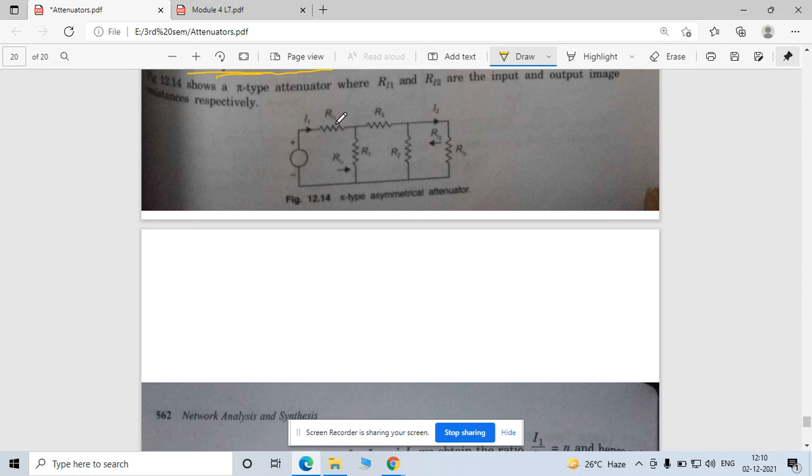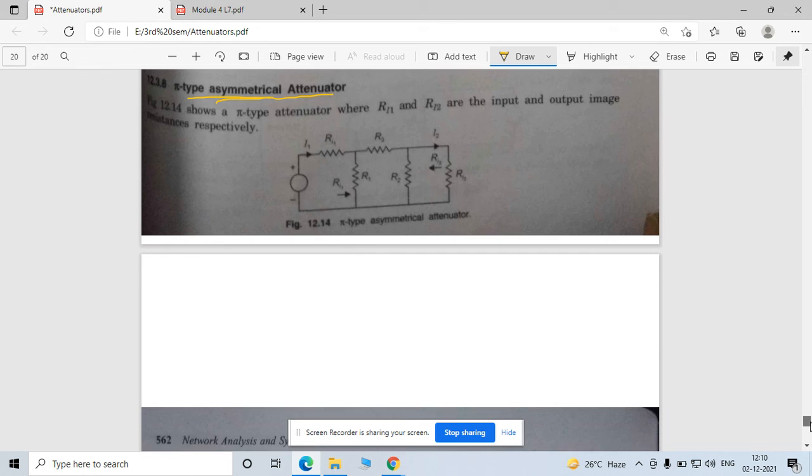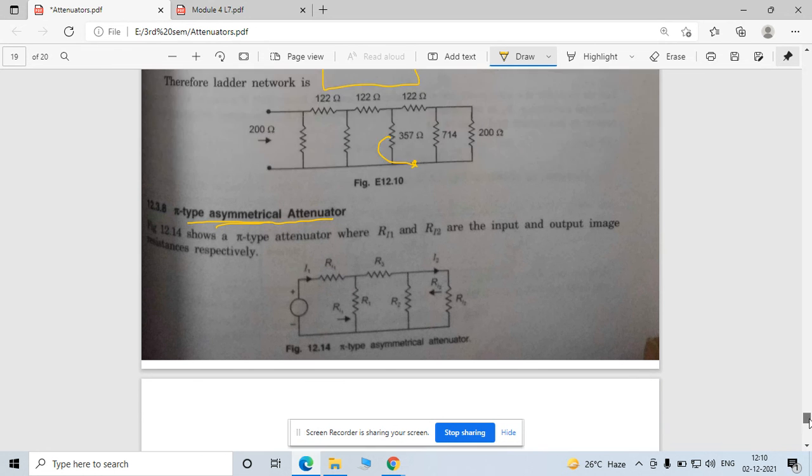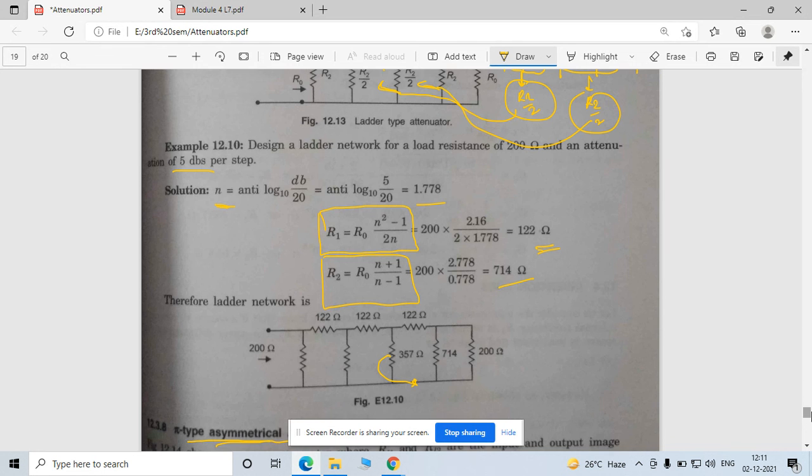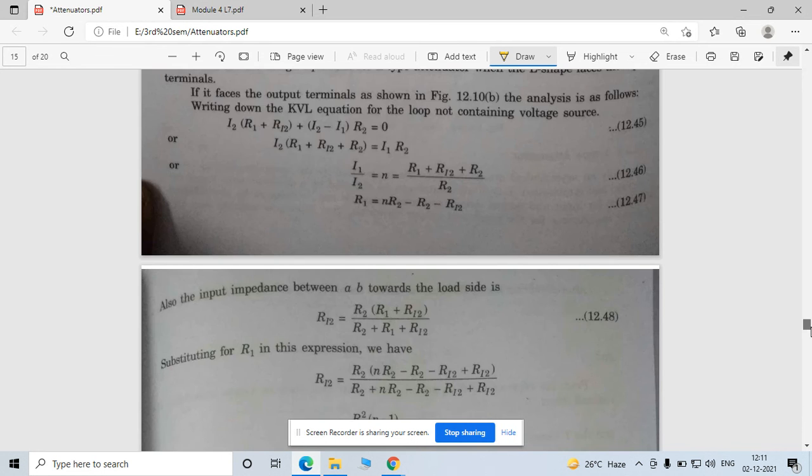Now see, the values are different for this network as well. So here we are going to use the image impedance concept. You can observe this image impedance by short circuiting the second terminal. And the same way, we can observe this image impedance when the first terminal is open circuited, right? The same concept which we already covered in the above slide.